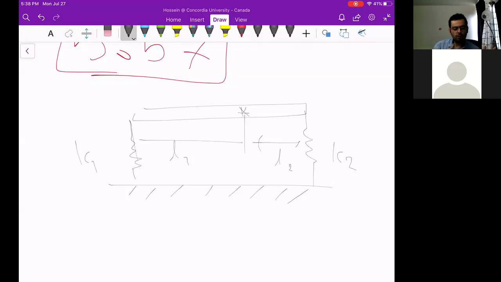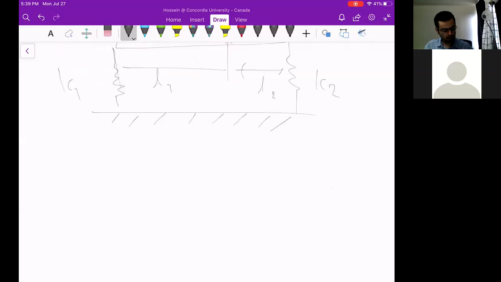So if you choose different coordinates, for example, the linear translation and rotation around point C, center of gravity, you will come up with a different stiffness matrix compared to when you come up with the equation of motion using coordinates x1 and x2 at the end of the bar.